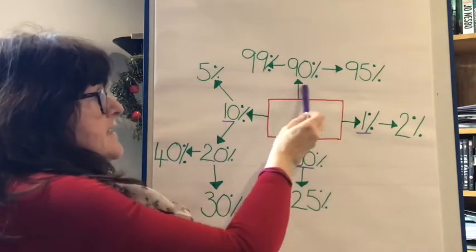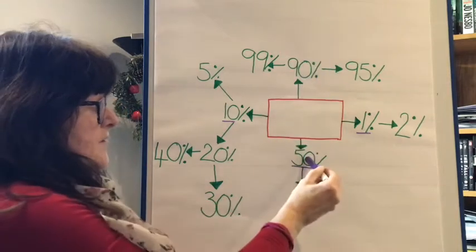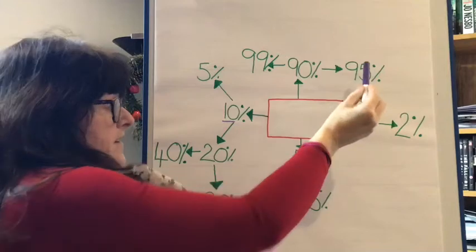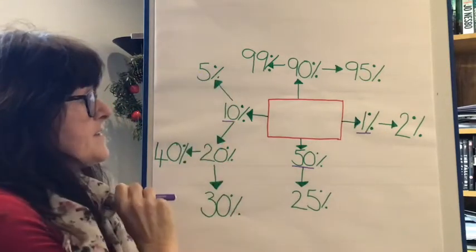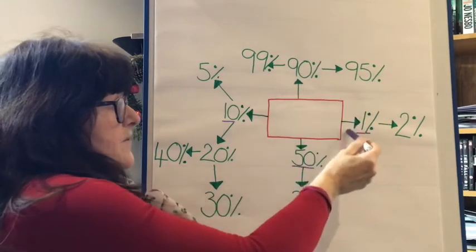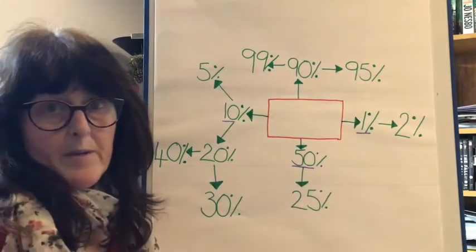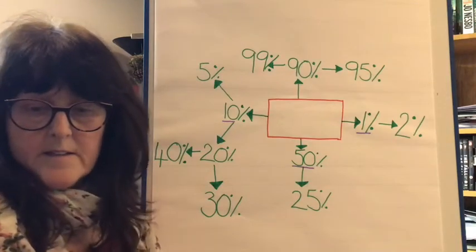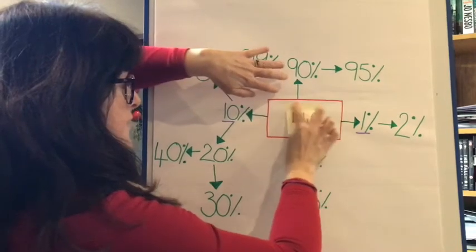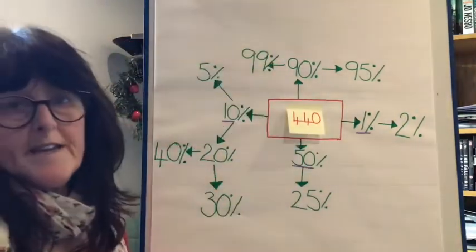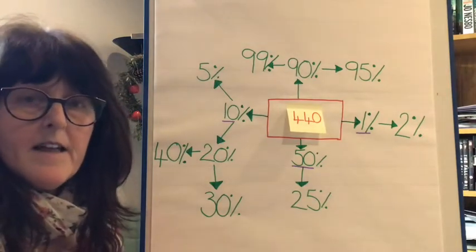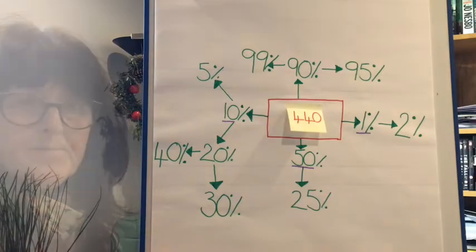When you get to 90%, you'll be able to use 50% and 40%, 95, 90 and 5%, 99%, you'll be able to use 90%, and if you know 1%, you can multiply that by 9. So your number to start in the middle is 440. Stop the tape and see if you can complete the percentage chain.